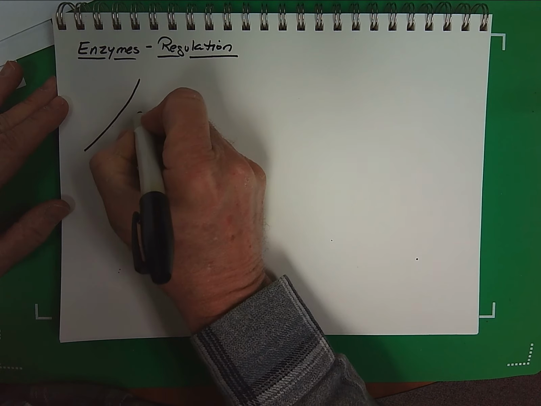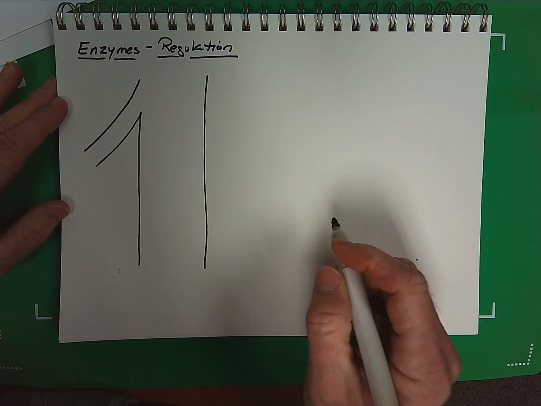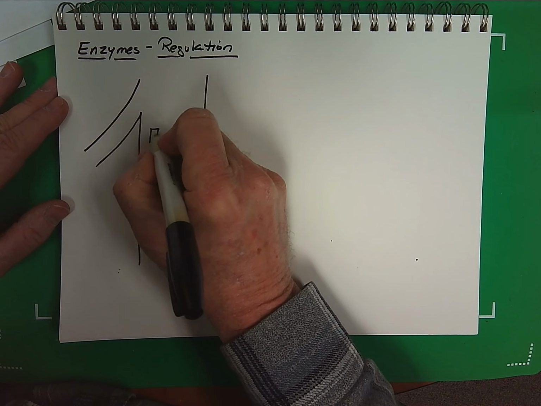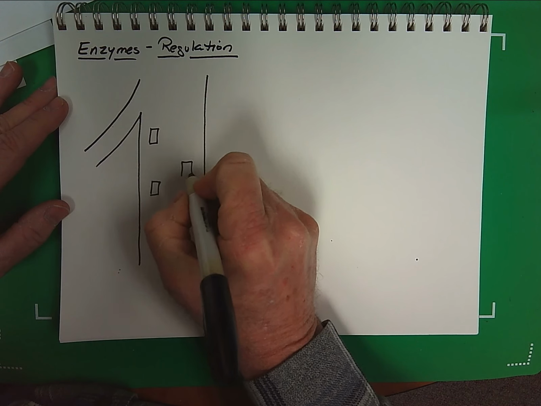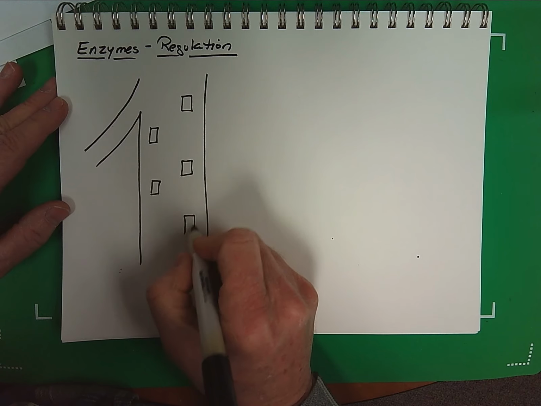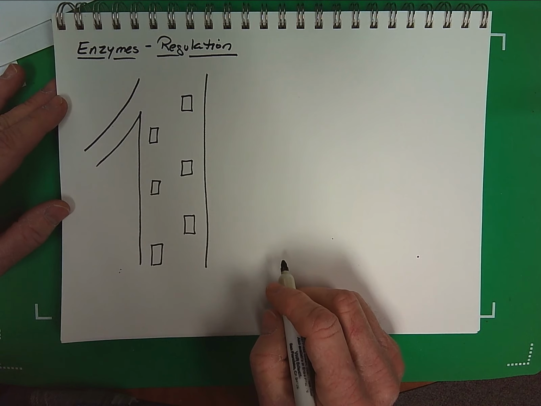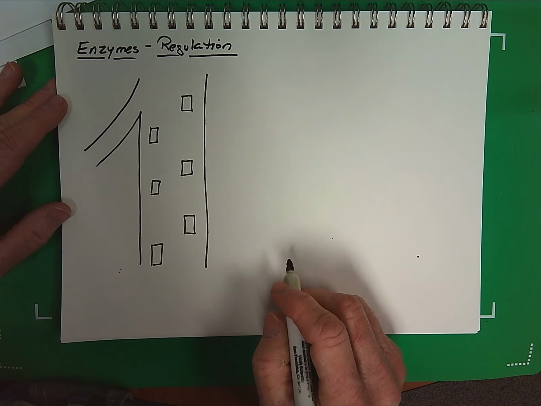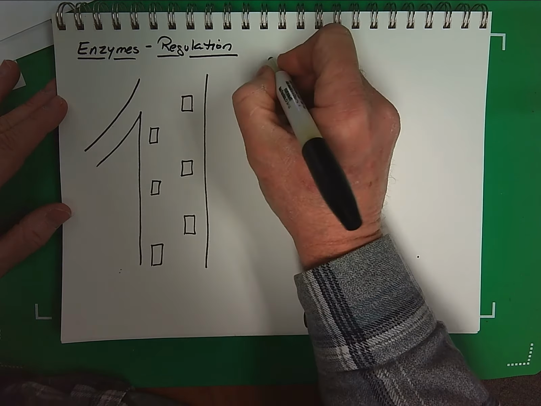So if we have a typical multi-lane freeway, what we have are cars progressing down the road at their normal speed. What we could consider this freeway is a metabolic pathway.